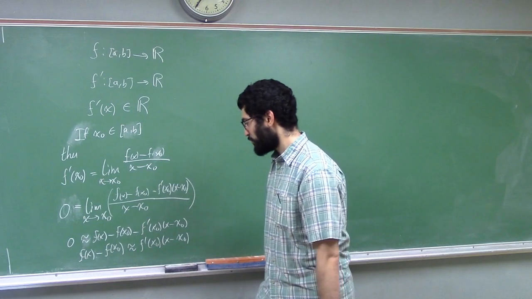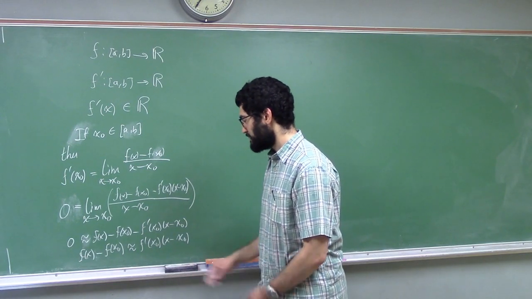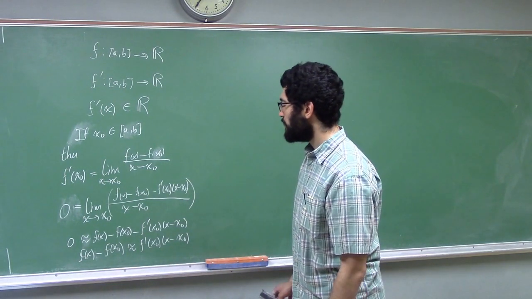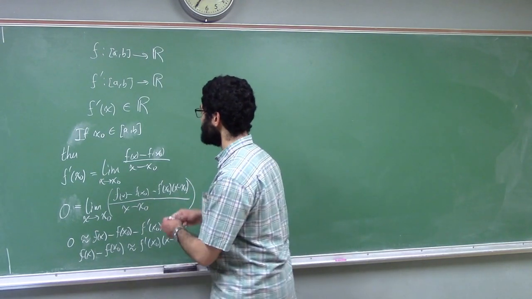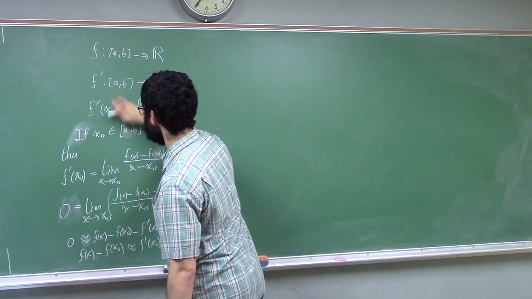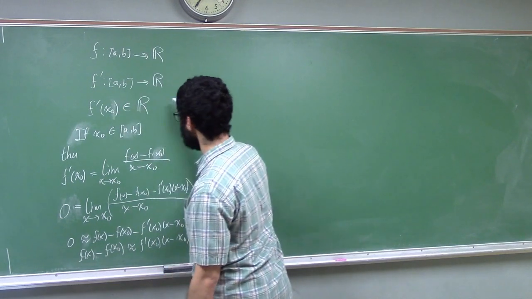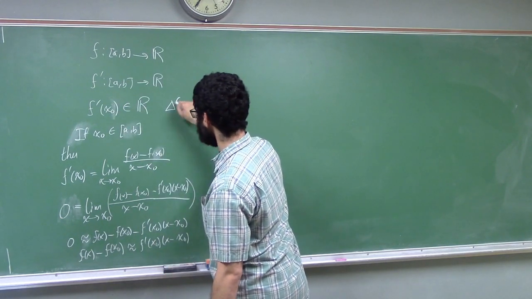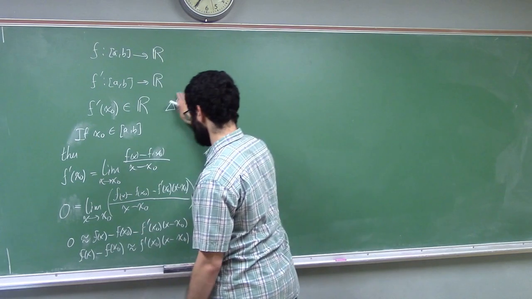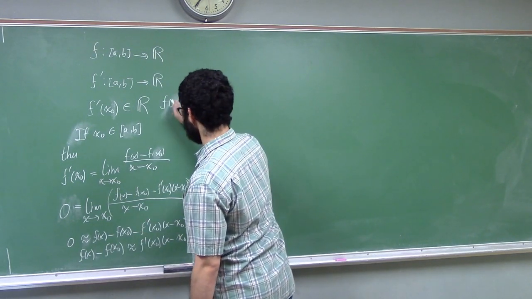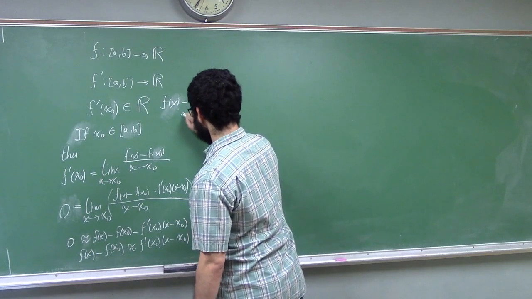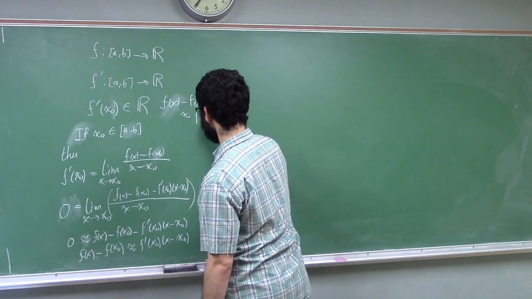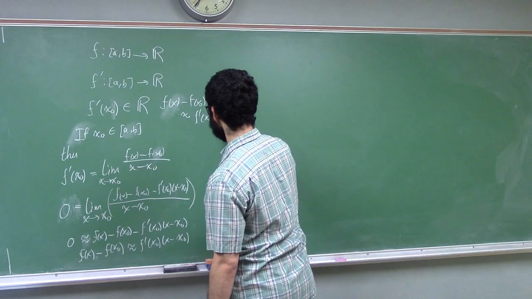This becomes more and more of an equality as x goes to x naught. All right, so let me summarize that up here by this kind of statement, that fx minus fx naught is approximately f prime x naught times x minus x naught.